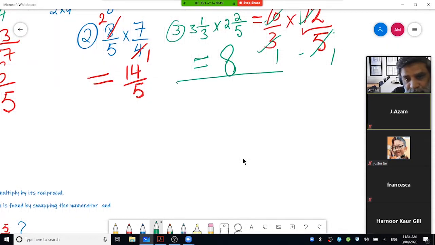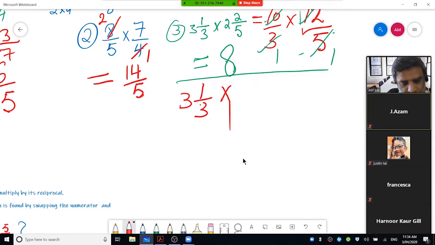So let me put a line here, and let me take another color. So it is 3 times 1 over 3 times 2 over 5. So we have to convert this mixed number. So it becomes 3 times 3 is 9, 9 plus 1 is 10.